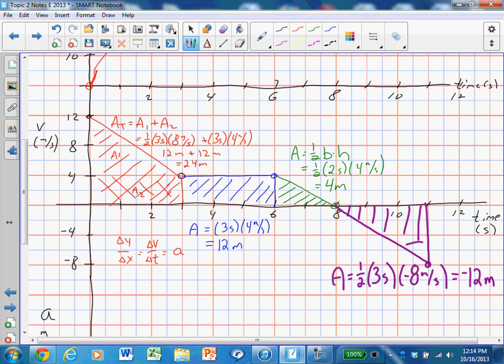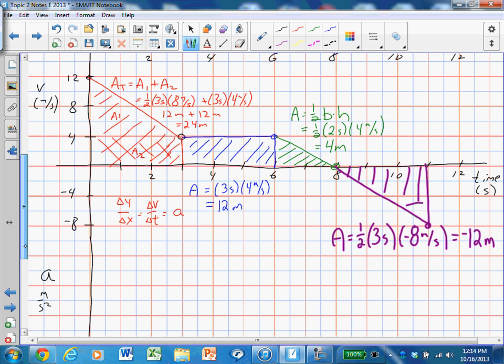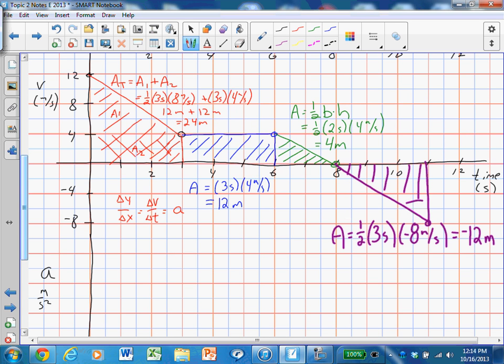And our change in v would be vf minus vi, which would be 4 meters per second minus 12 meters per second, over 3 seconds, which would be minus 8 over 3.